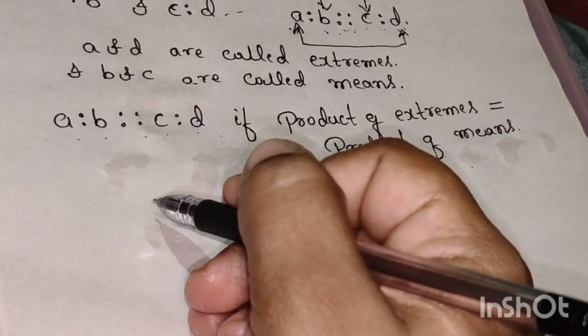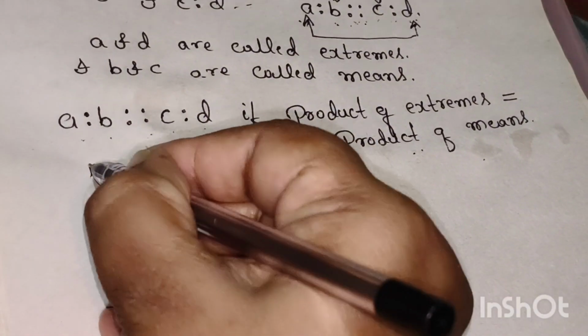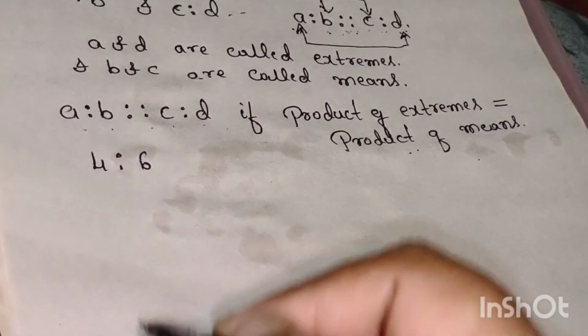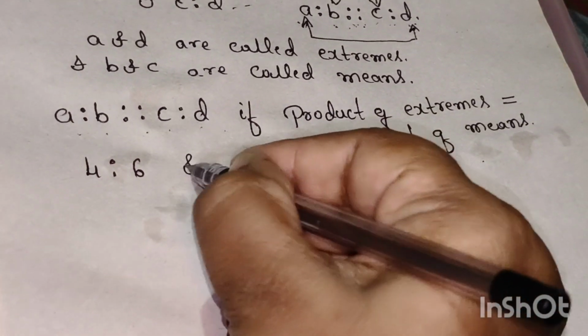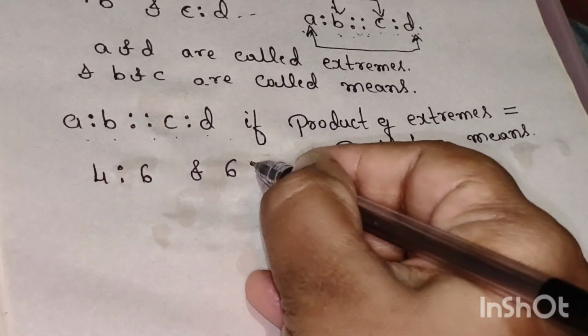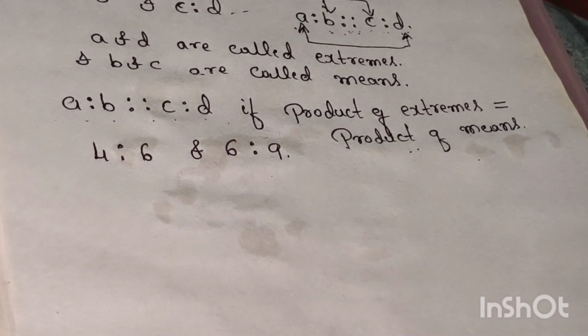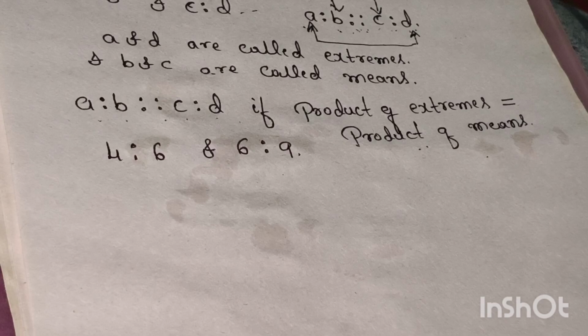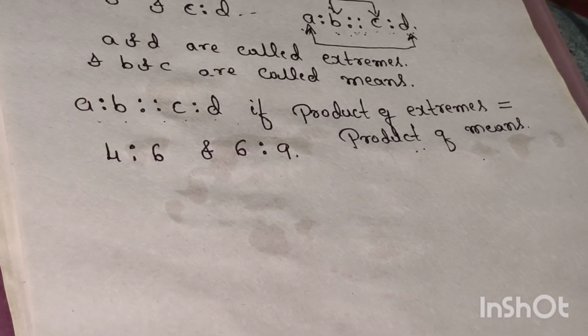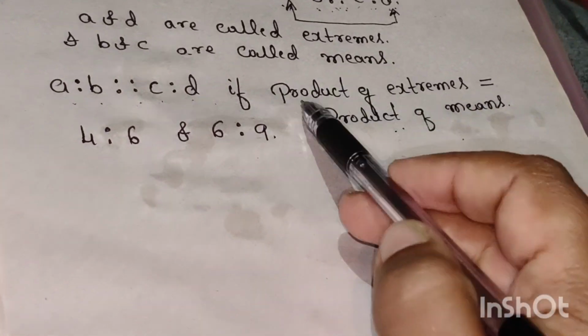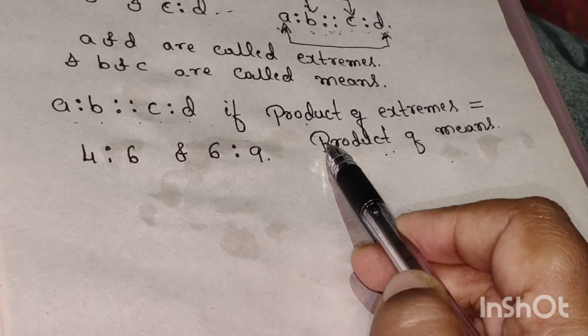For example, 4 is to 6 and 6 is to 9. Are these two ratios proportion? We check it by using this result.